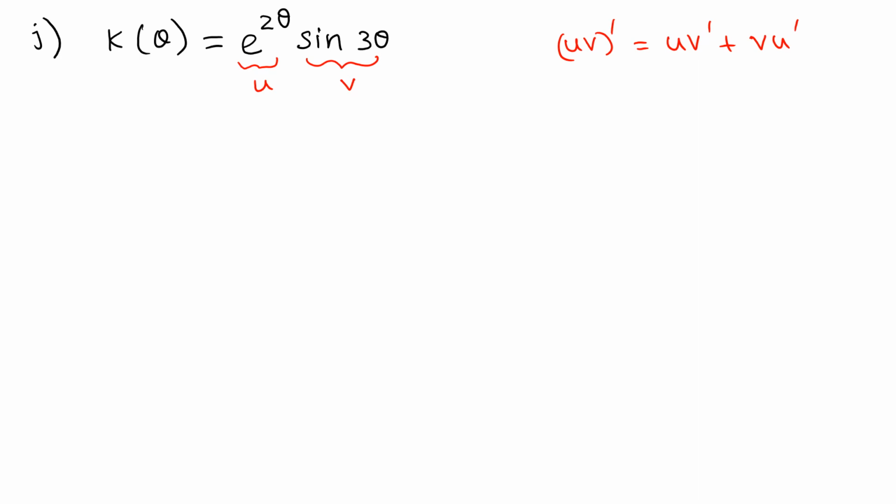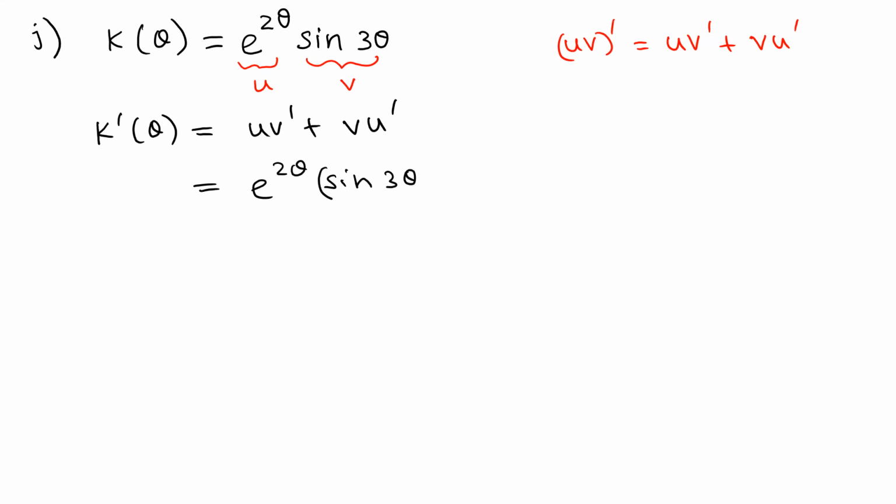So let's try the formula now. So it is k prime theta is uv prime plus vu prime. So u, which is e to the 2 theta, and the derivative of sine 3 theta, so we have the prime notation, plus v, which is sine 3 theta, and the derivative of e to the 2 theta. So now this is where we use the chain rule.